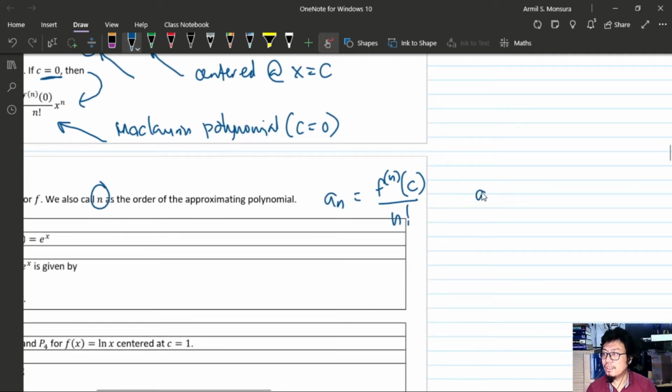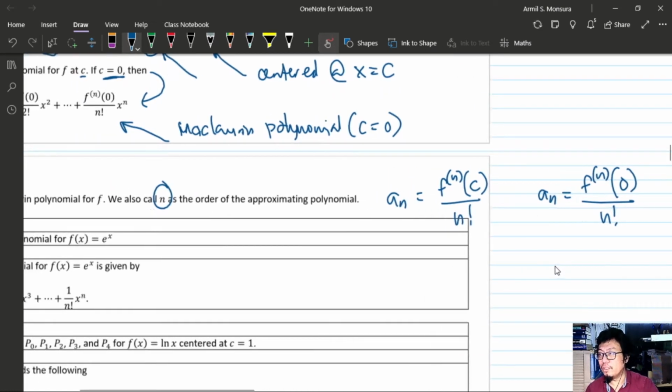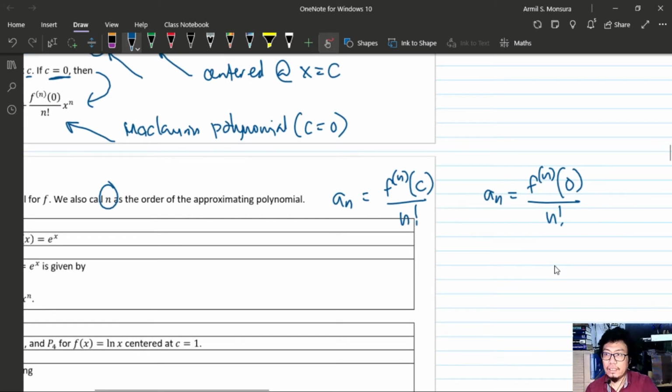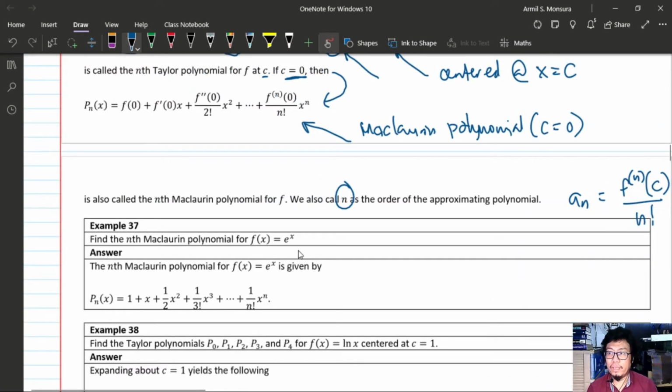This becomes the nth derivative of f at 0 over n factorial for a Maclaurin polynomial. So if we would like to find the Maclaurin polynomial for e raised to x, we would like to find the Maclaurin coefficients.